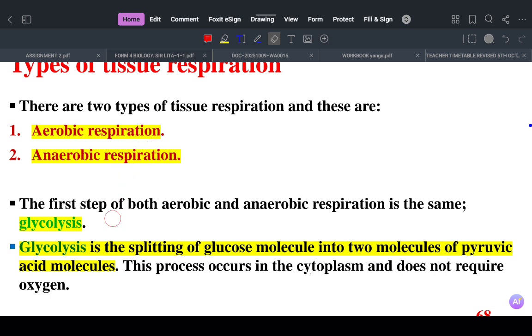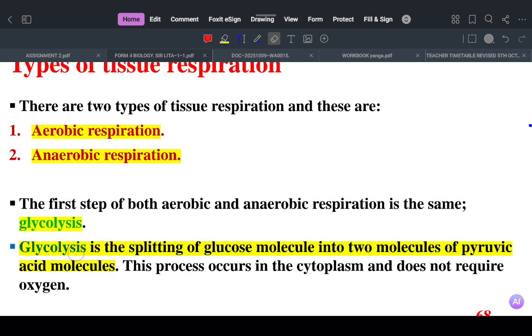Alright, so whether you're looking at aerobic or anaerobic respiration, both processes start with the first step, which is called glycolysis. Glycolysis is simply a process in which a glucose molecule is broken down, or split, into 2 molecules of an acid called pyruvic acid.